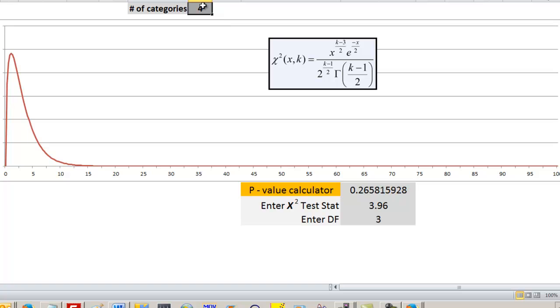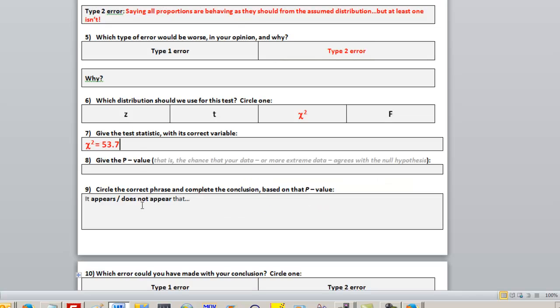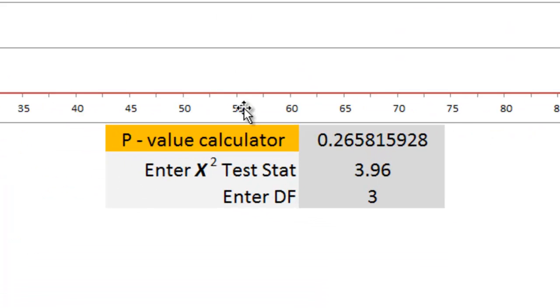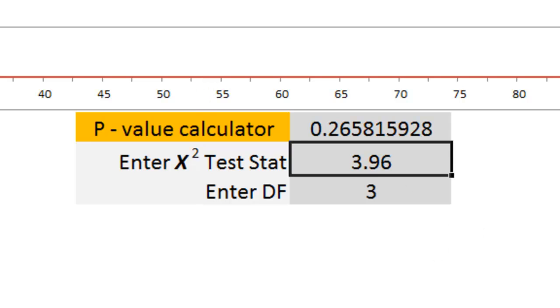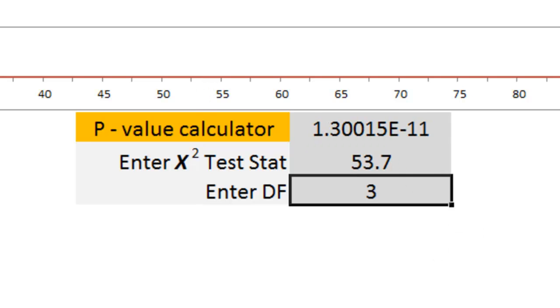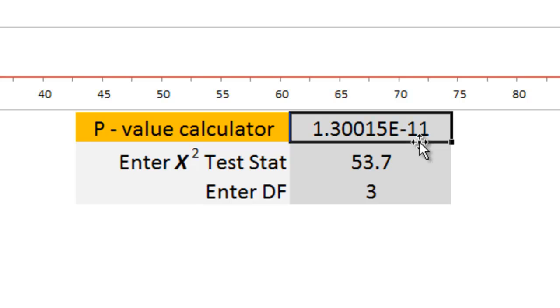We have 4 categories, just like we did in class when we were looking at the ADA exam. So the curve looks like this, and you can tell our test statistic of 53.7, oh wow, it's way over here. So if we put in 53.7 for a test statistic, it's going to tell me there's your p-value. You are totally justified calling that 0. It is essentially 0.